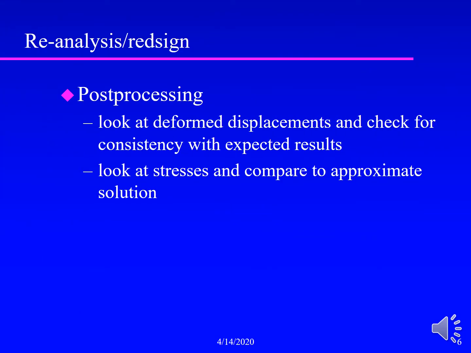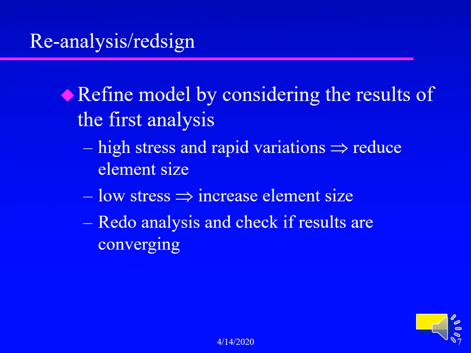Then comes the post-processing stage again. The deformed displacement and consistency are checked. Then the stress is compared to the approximate solutions. Then redesign: if the first analysis results are not up to standard or inconsistency is there, then we can refine the model.